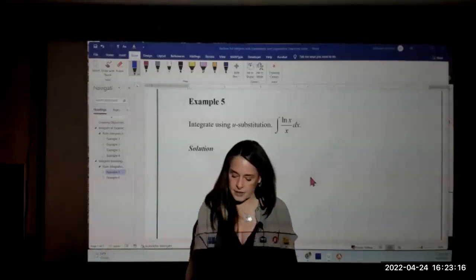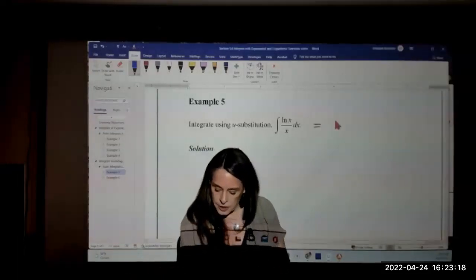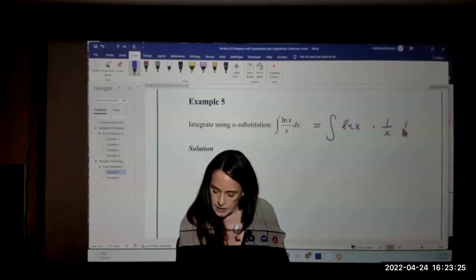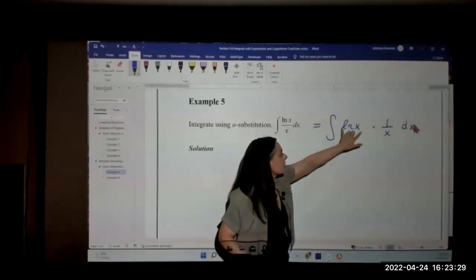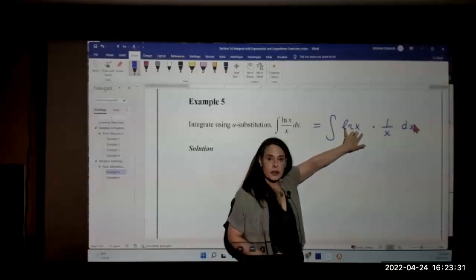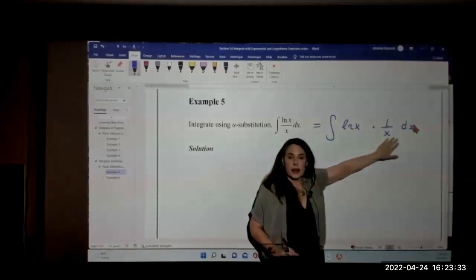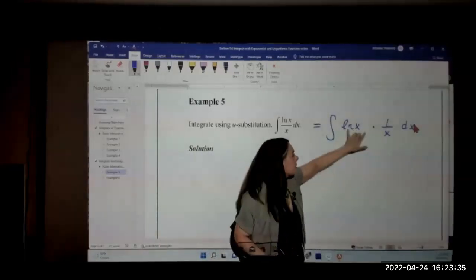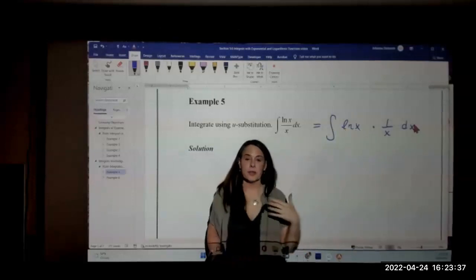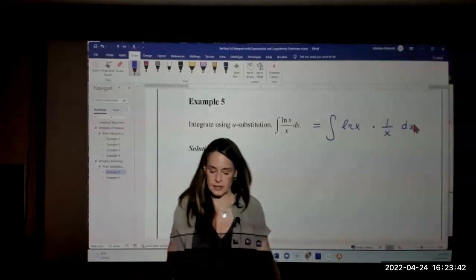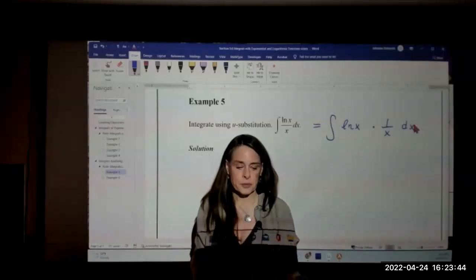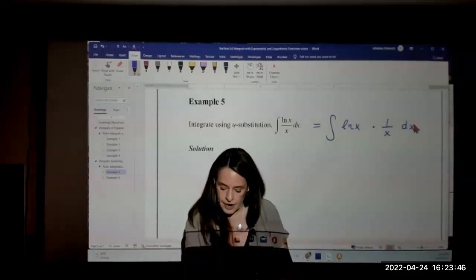In this case, I think it's helpful to actually rewrite this one as the natural log of x times 1 over x dx. This is helpful because the derivative of natural log of x is in fact 1 over x, which means that I can make natural log of x be u, and the derivative is also a part of the integrand. So I choose for this one to let u be natural log of x.